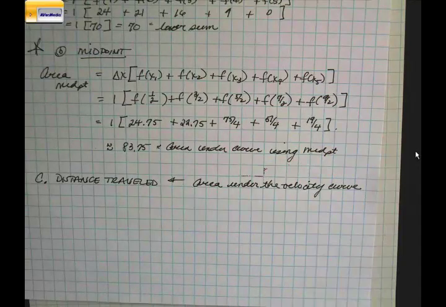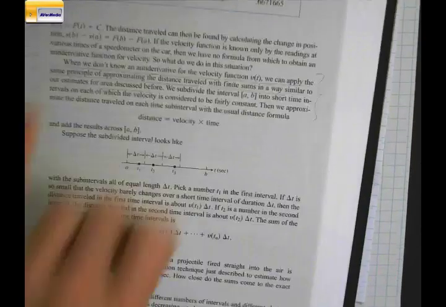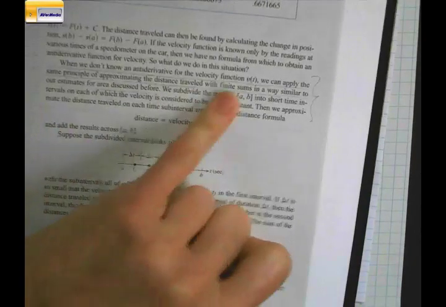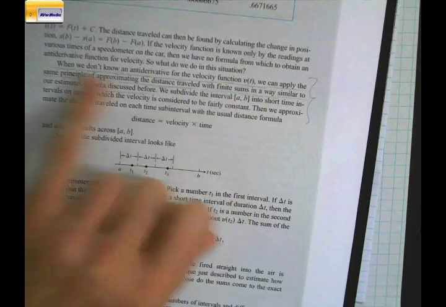Okay, so let me pull up the textbook because it does a pretty good job of explaining this. On page 249, it's just kind of neat the way it's well written here. It says, I have it all underlined: when we don't know the antiderivative for a velocity function, sometimes taking the antiderivative is not algebraically an easy thing to make happen.